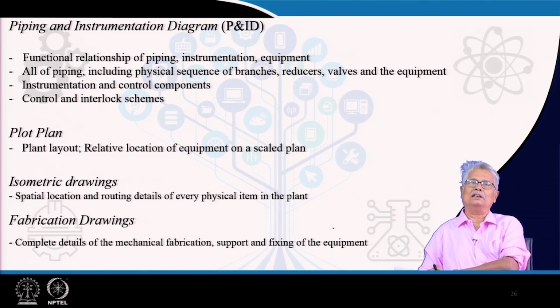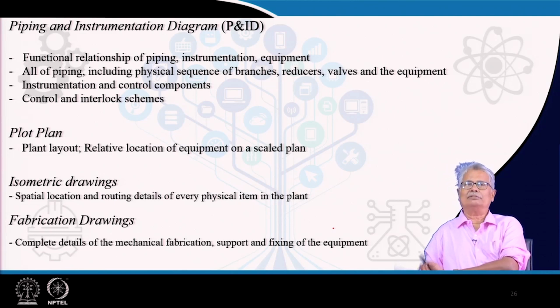In order to show the equipment and the individual piping, you must have the details of their spatial location. That means isometric drawings are usually essential in order to have a 3D view or a 3D idea of your plant. So, you have the isometric drawings of the equipment and the piping and the structurals as well. For example, if you have a pipe rack, naturally you require an isometric drawing of the same as well.